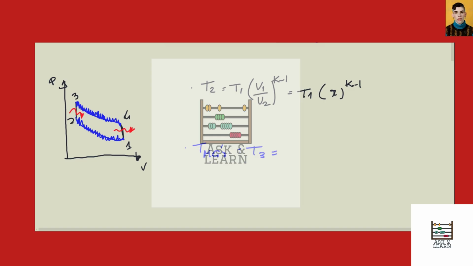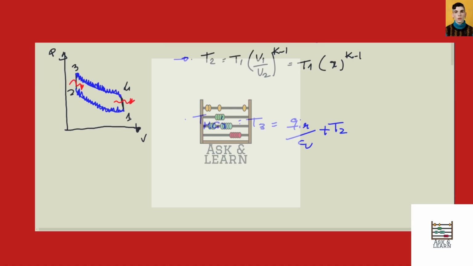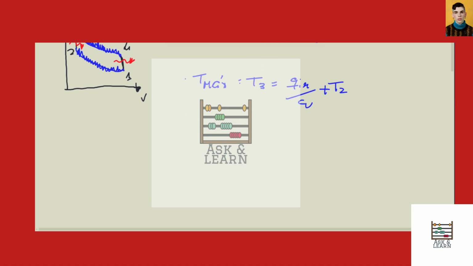Therefore, T3 is just the input heat divided by Cv plus T2, and we already know what the temperature 2 is.